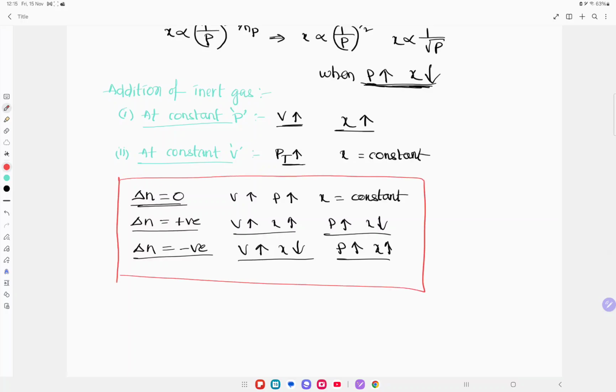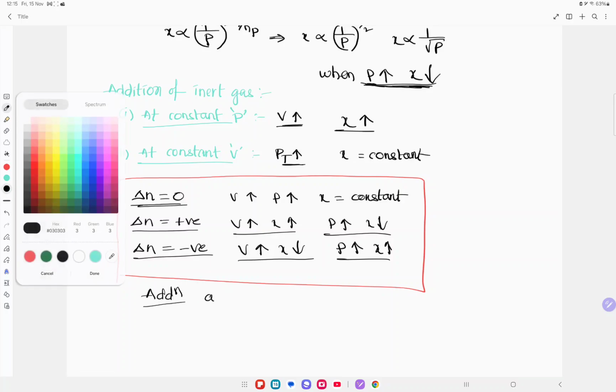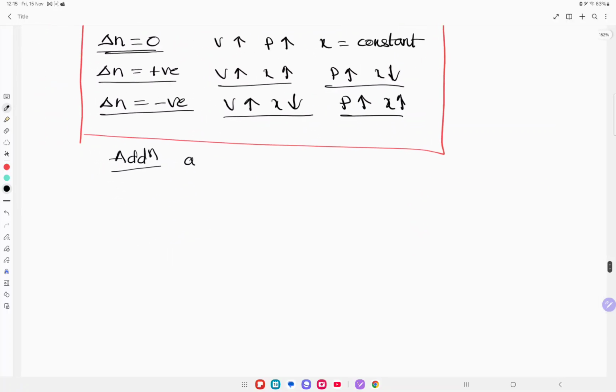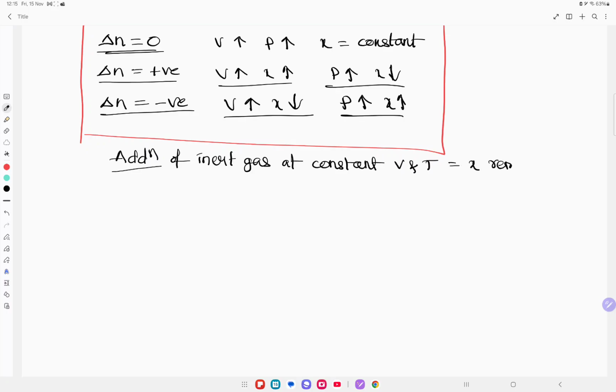Okay, next, addition of inert gas. Shortcut: addition of inert gas at constant volume and temperature, x remains the same.